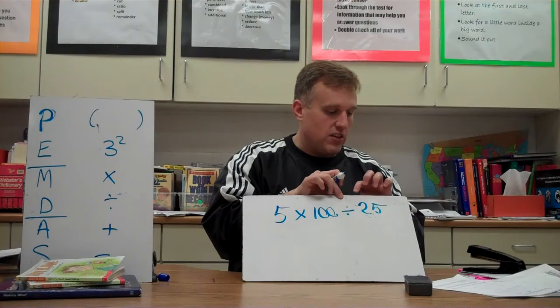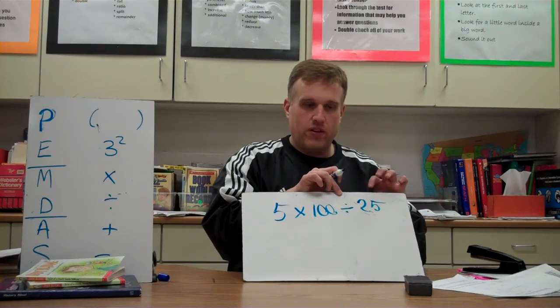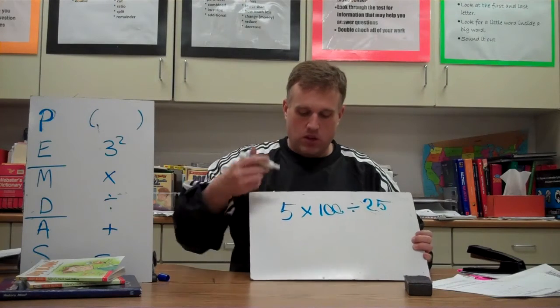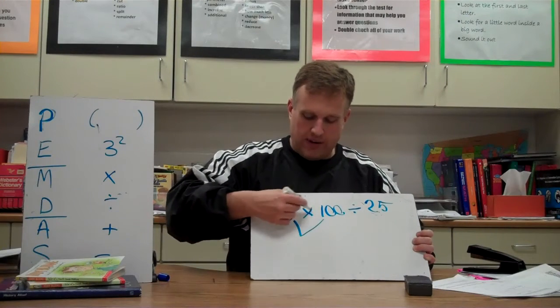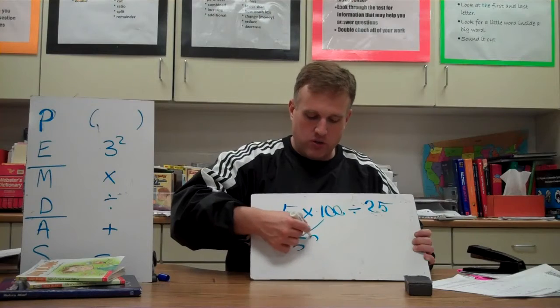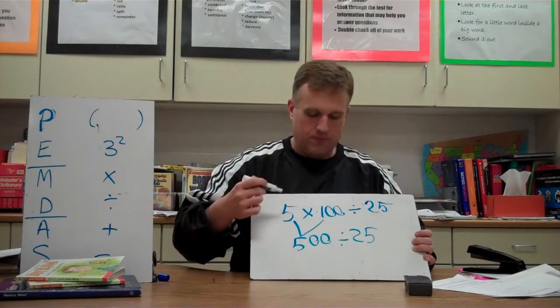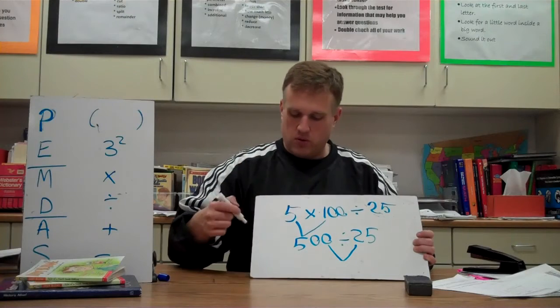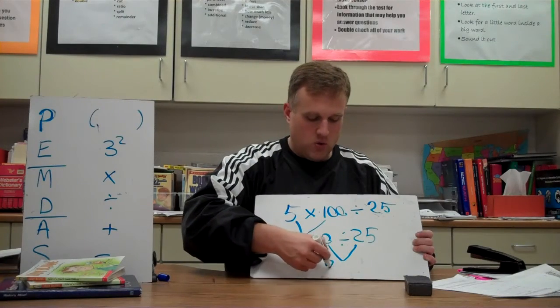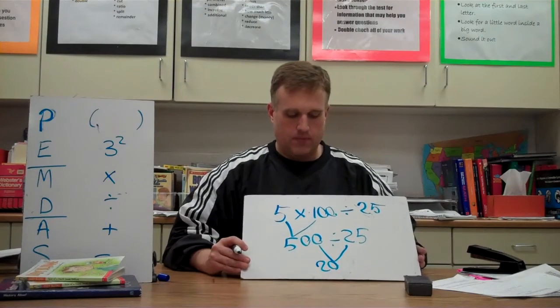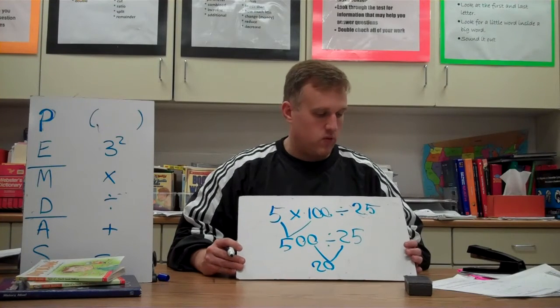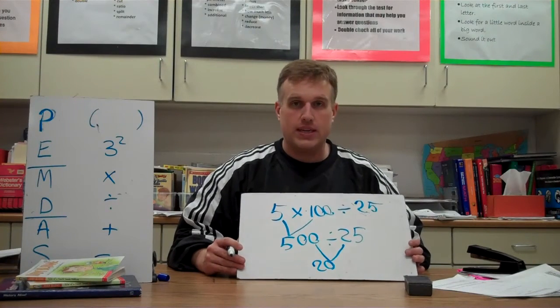And then after that, she divided the beads into 25 different containers. So 5 times 100 would be 500. And then we would divide by 25. If we do that off to the side, our answer would be 20. Okay? So she would have 20 beads per container.